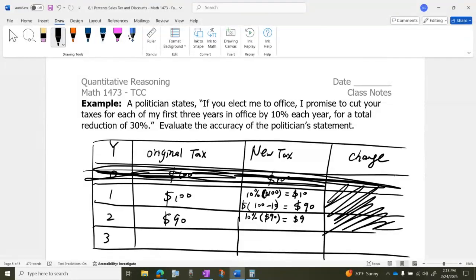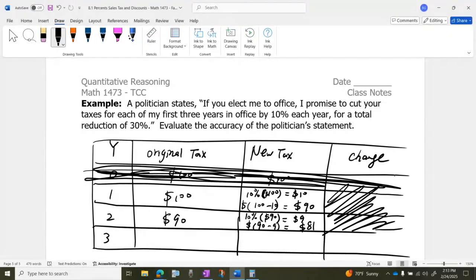So in the second year, you only saved $9. Use 90 minus 9. You have $81. So your new tax at the end of year 2 is $81.